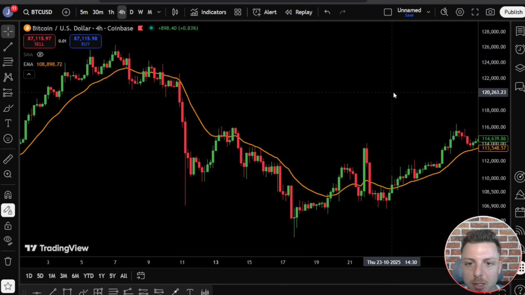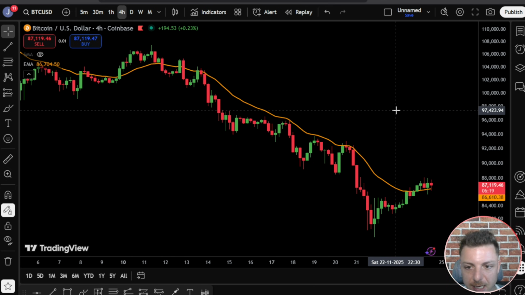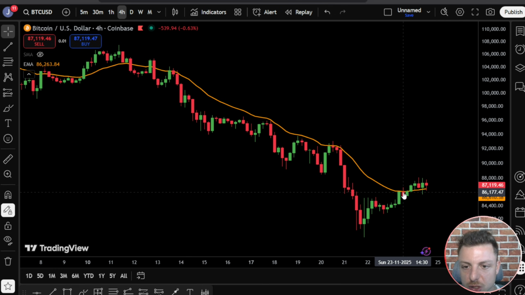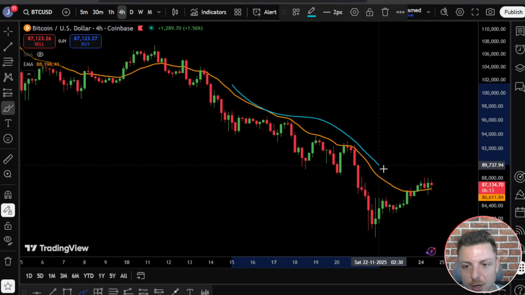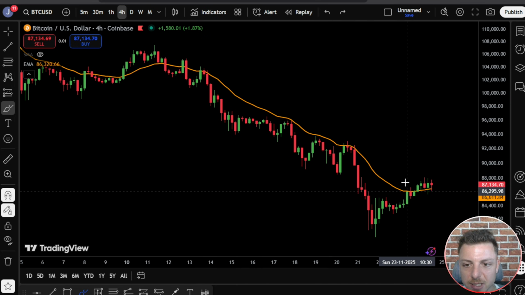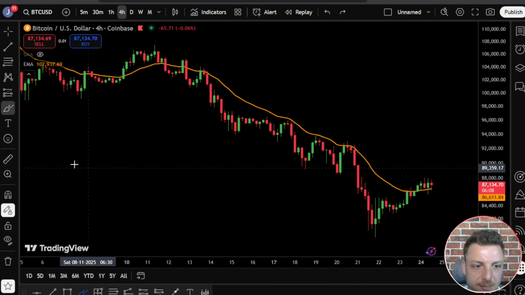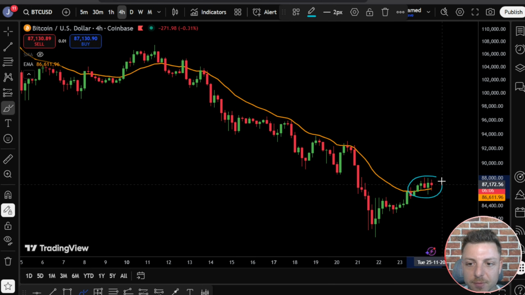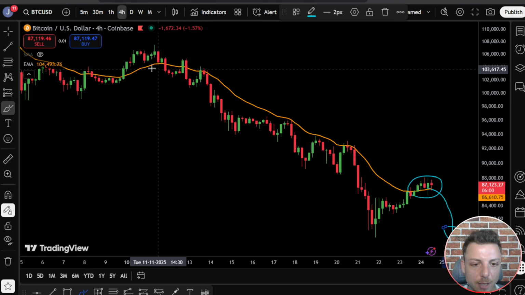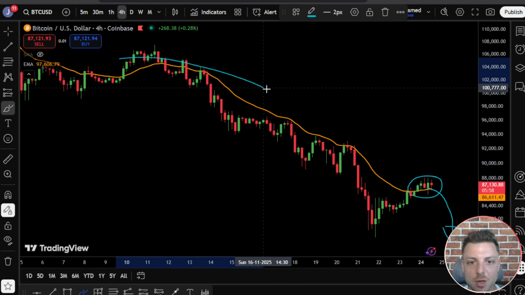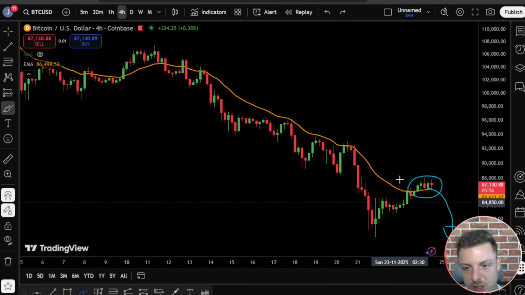So let's go and see the current price action for Bitcoin on the 4-hour. It's actually more negatively sloped. As we see, we've had a very strong negatively sloped EMA. And as I've mentioned in the past, when price comes back to this exponential moving average, it's a high probability trade for the trend direction to continue. And we can see basically for the past month, we've had a strong negative slope.